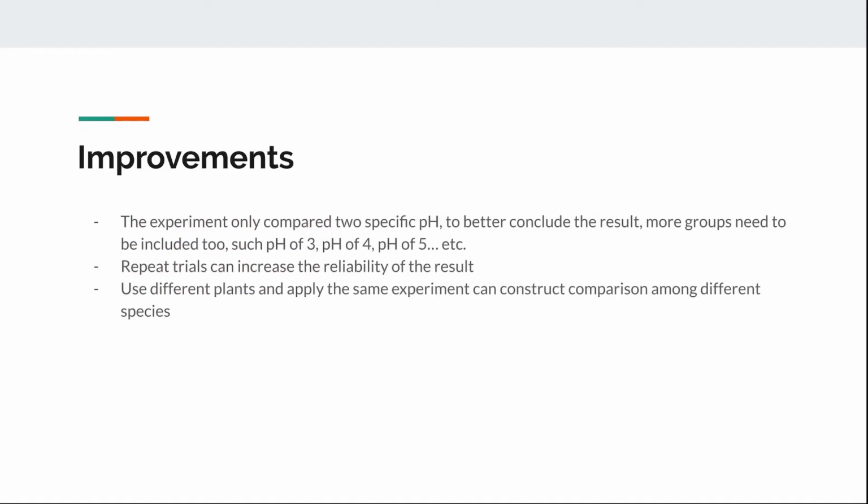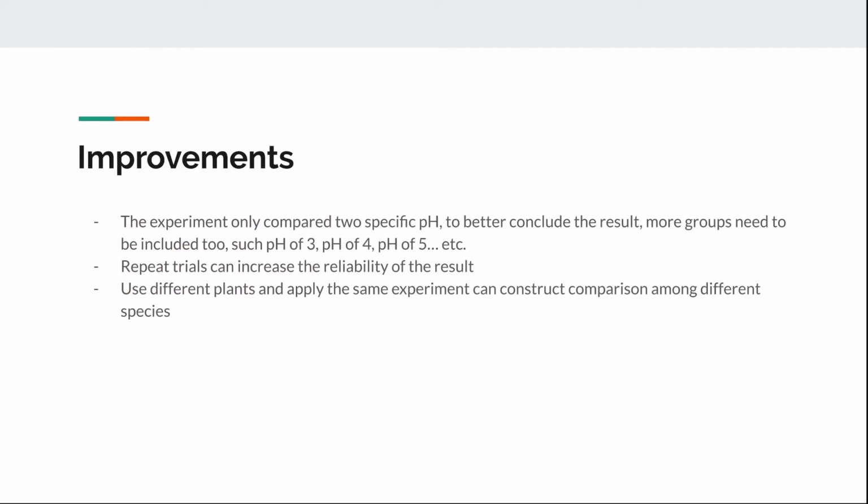For the acidic condition, the 2.5 pH is too far away from the neutral, but for the basic condition, the 8.5 is fairly close to 7.